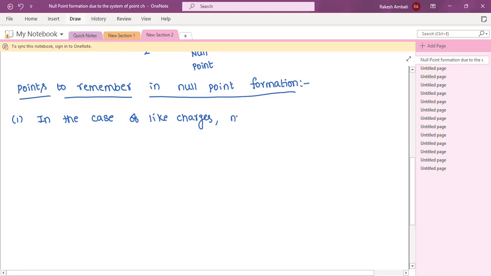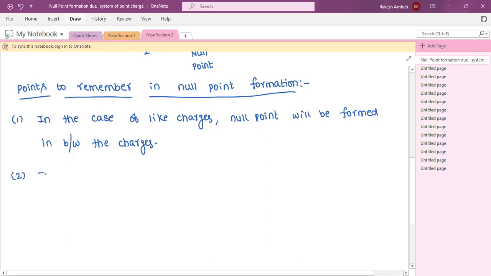In the case of like charges, null point will be formed in between the charges. This is the first point.